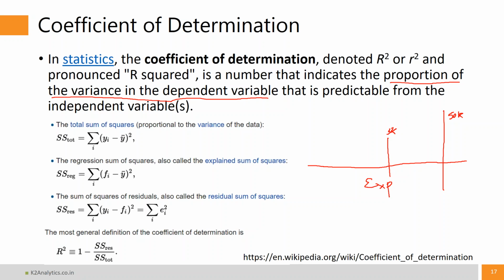Variance is a measure of how much the data points are away from the average. The formula for variance is summation of each data point minus the mean, so summation of y minus y hat, where y hat is the average. When I take 50 students, I take the average of all 50 students.